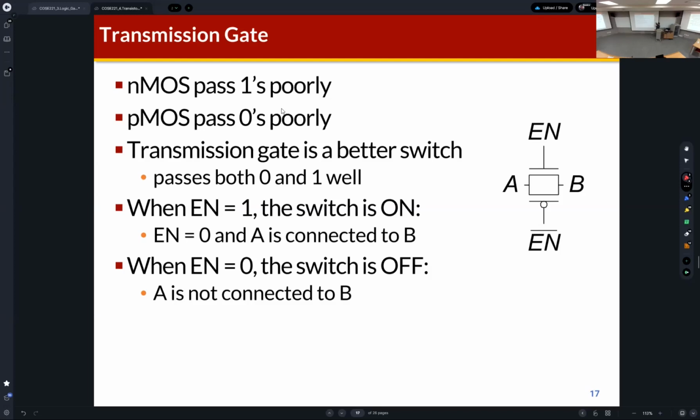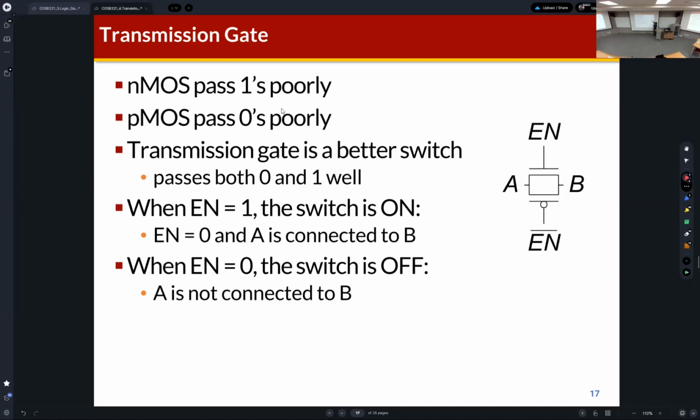EN means the enable signal. And then A and B are connected. Then what is the operation of this transmission gate? EN is the control signal. So based on the control signal value, A can be connected with B, or A is disconnected from B.